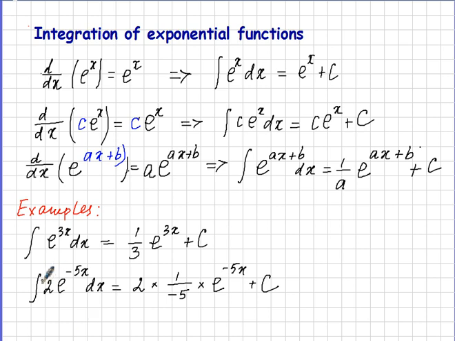In the same manner, the integral of 2e to the power of minus 5x dx will give you 2 at the front because of this rule, and 1 over the constant that you have in the index times e to the power of minus 5x plus c.